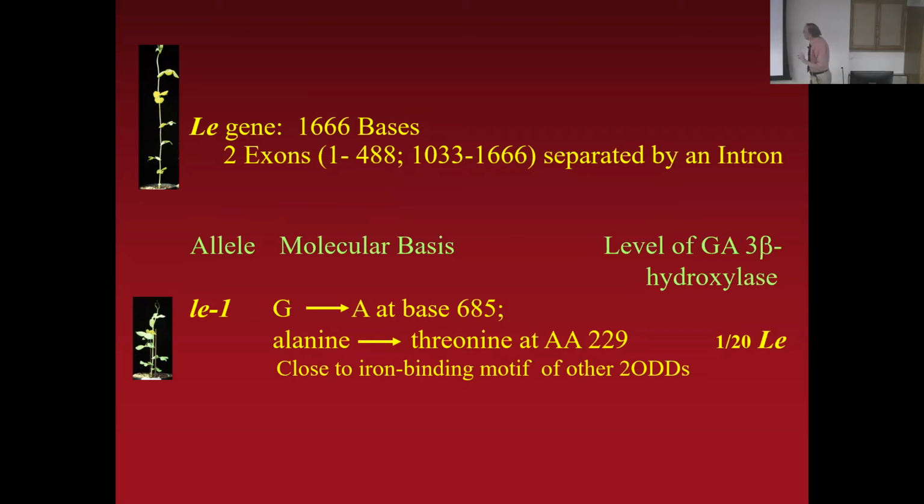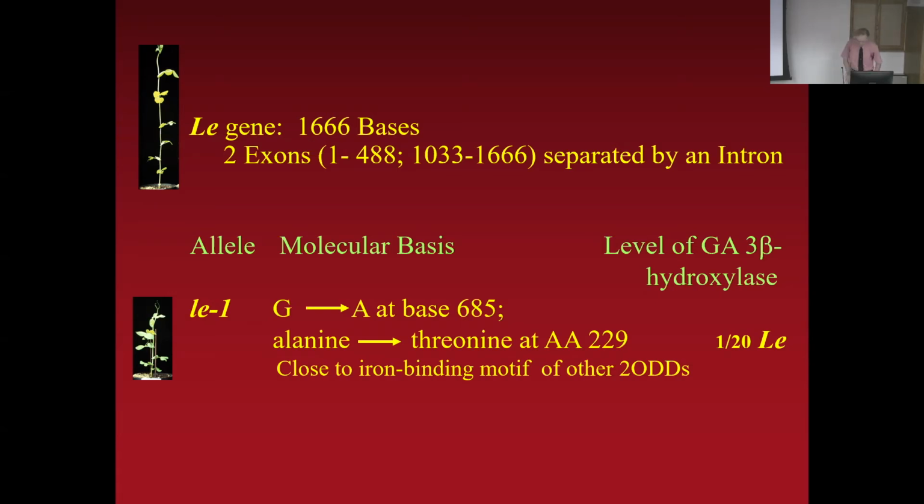We were able to isolate the gene and show that there was just one difference in the gene, a single base change between a G and an A, that this led to a change in one amino acid, and this single amino acid change made all the difference as to whether the enzyme gibberellin 3-beta hydroxylase had high activity or very low activity.